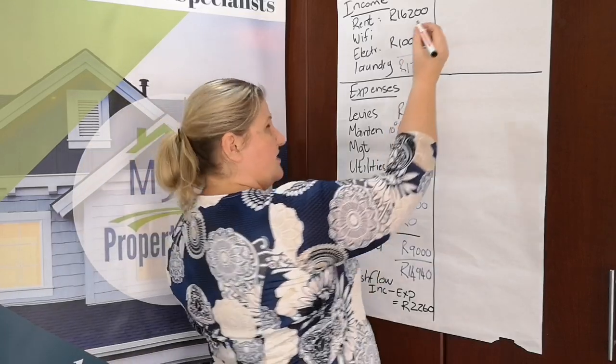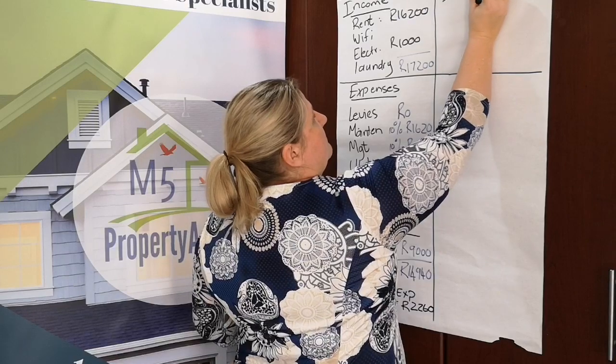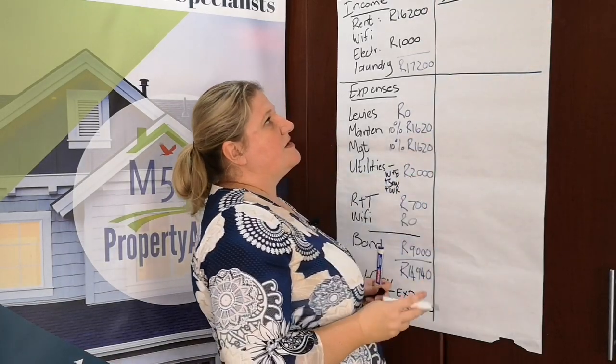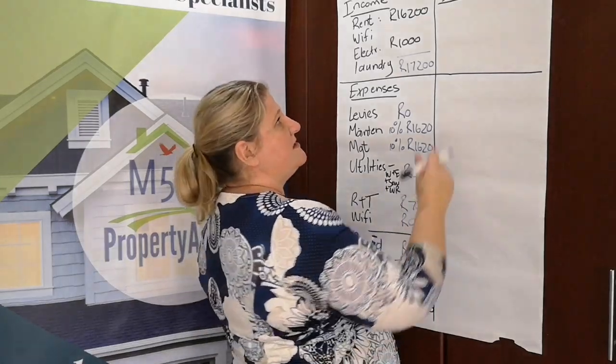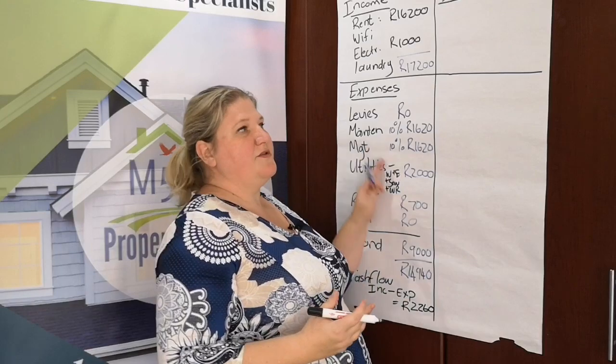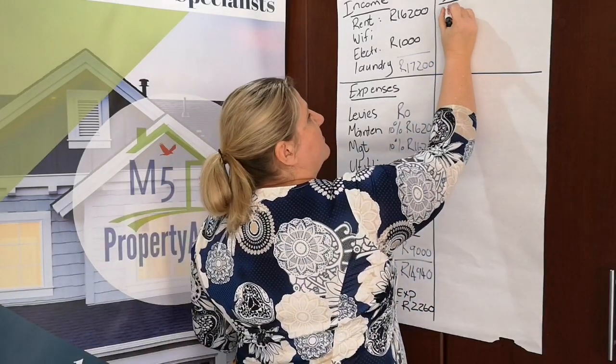Next up is to calculate our investment amount. Okay, so the investment amount is everything that you had to spend cash on the property to make it work, to get it to be yours in your name. First thing would be your deposit.